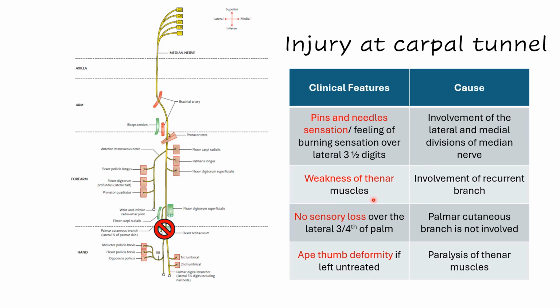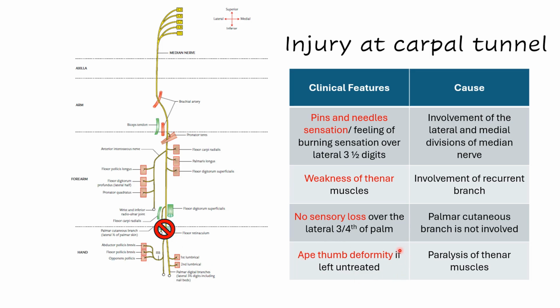Then there is weakness of the thenar muscles because of the involvement of recurrent branch of median nerve that is given by the lateral division. There is no sensory loss over the lateral 3/4 of the palm because the palmar cutaneous branch is not involved here, since it is given before the median nerve passes beneath the flexor retinaculum or into the carpal tunnel.